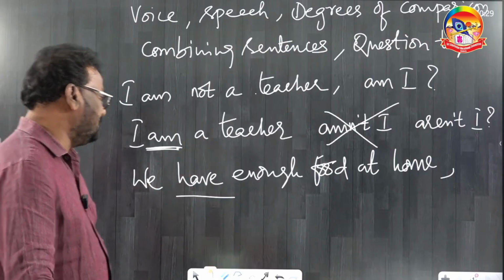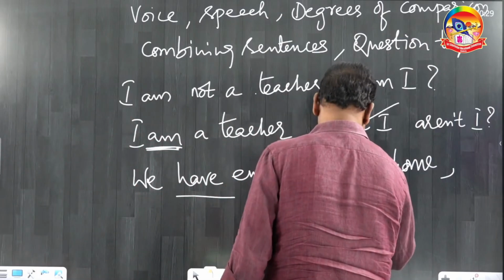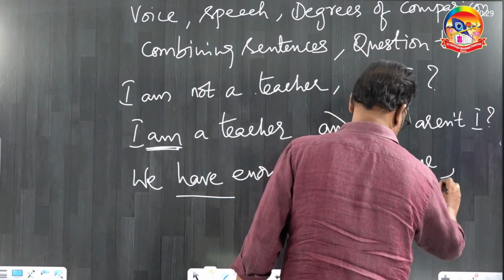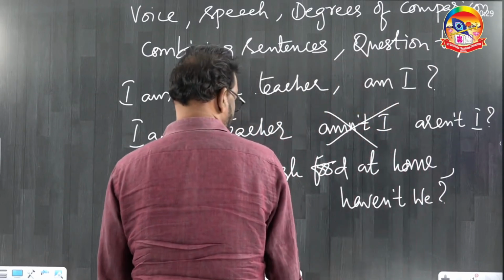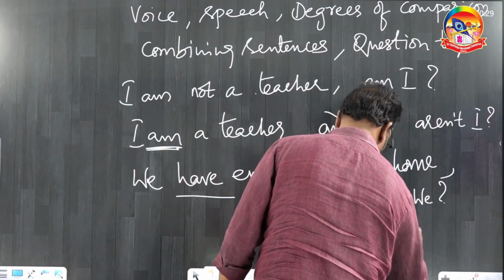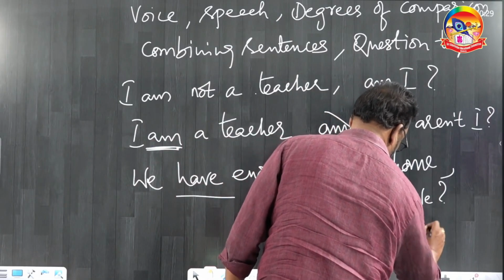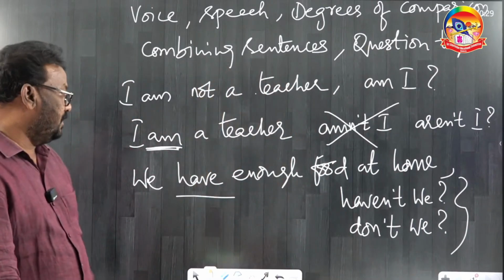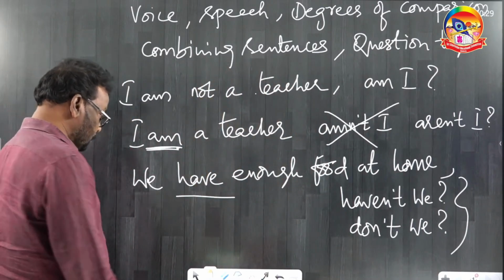But in our textbook it is given haven't we, and of course it may be acceptable, but your correct answer is don't we, and whatever you write out of these two, you will be given the mark. You need not worry about this one.